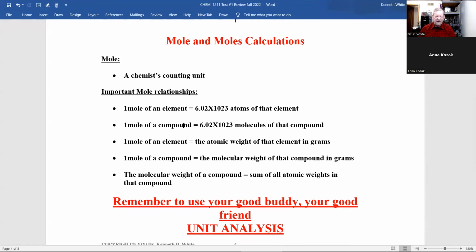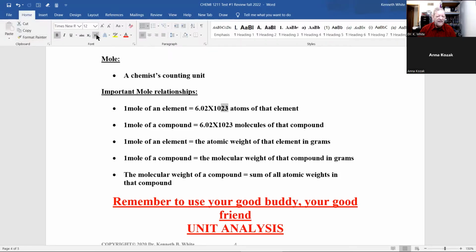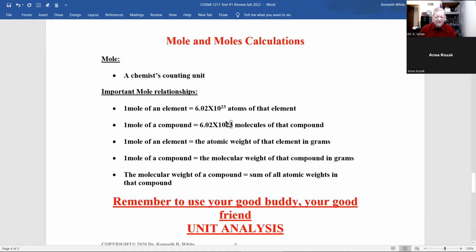Now, there are important relationships, and those are 1 mole of an element equals Avogadro's number, and this should be superscript. I'll have to change that. Sorry about that.